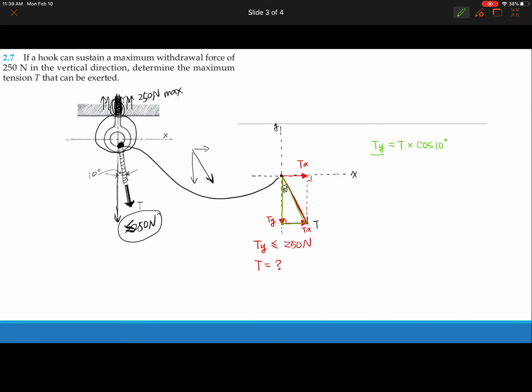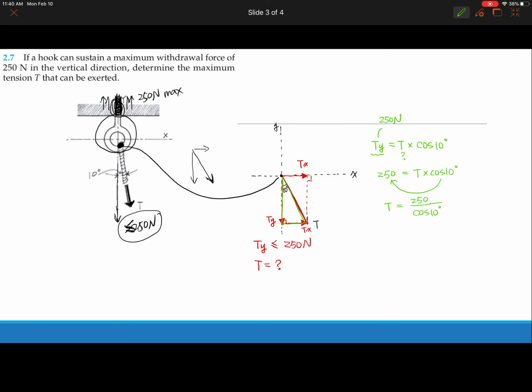Because Ty is given, it is 250 Newton, then what is T? You have this equation, 250 equals T times cosine 10 degrees. To solve for this, you move everything to the left side, and then T equals 250 over cosine 10 degrees.